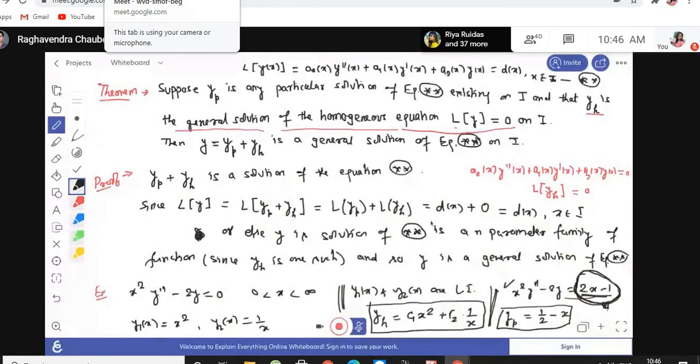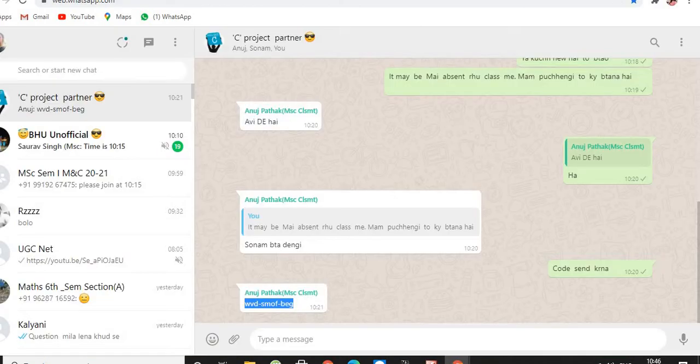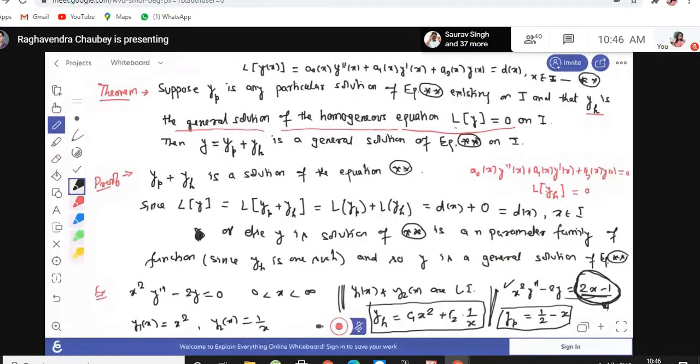So there it is applicable where your coefficients are variable. That method is known as the method of variation of parameters.